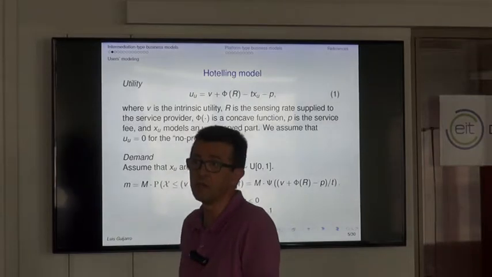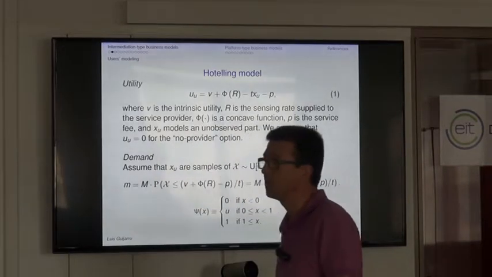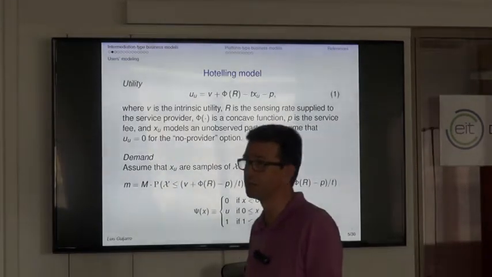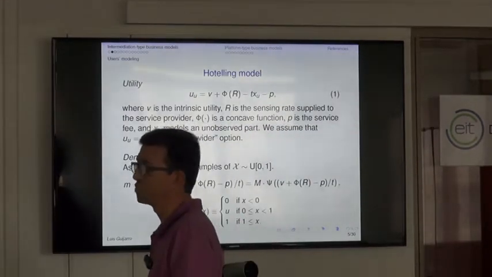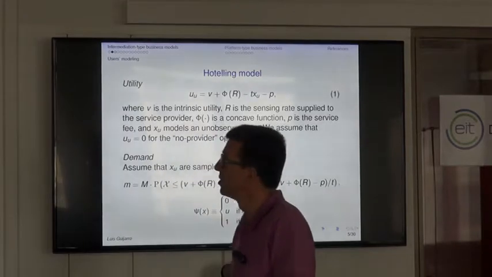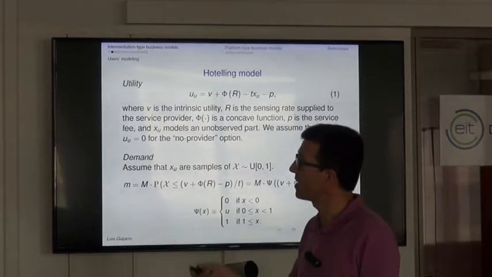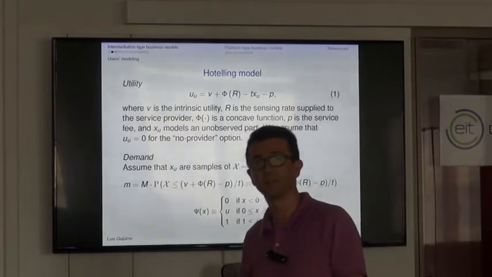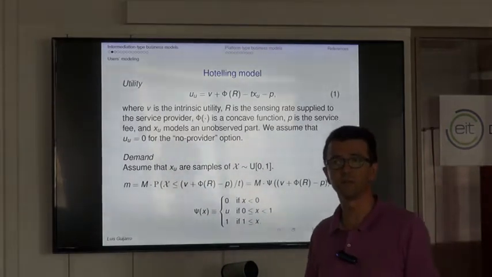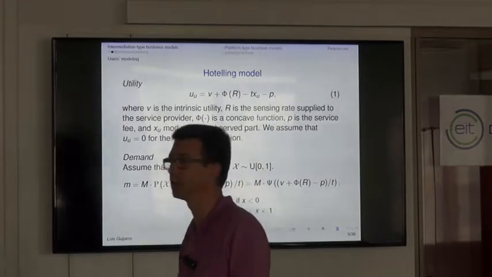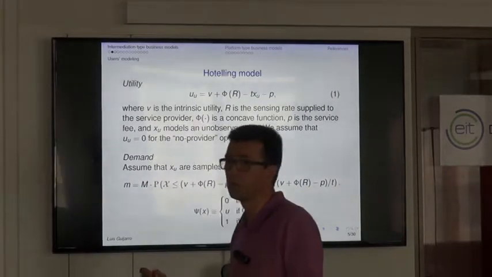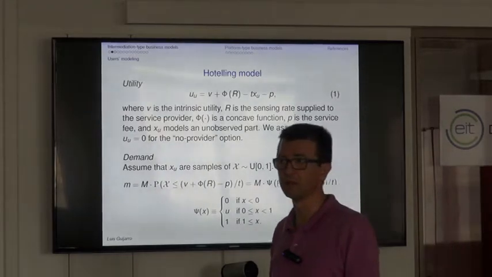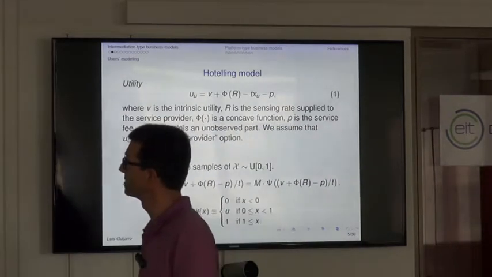Capital R might be the total amount of sensing data rate that the service provider can use for delivering the service. So this phi of R would mean that the more sensing data the service provider is using, the more satisfied the user will be, or not just the amount, but the sensing rate that is used for delivering the service.